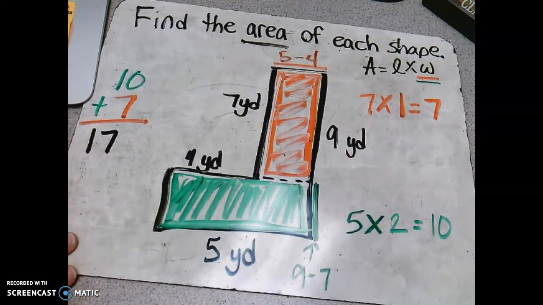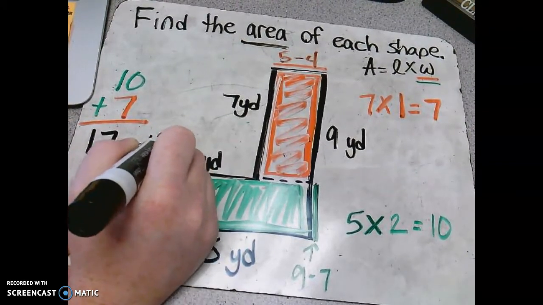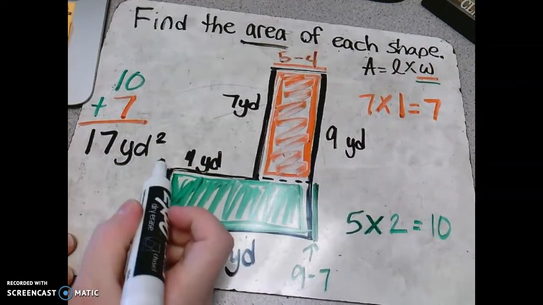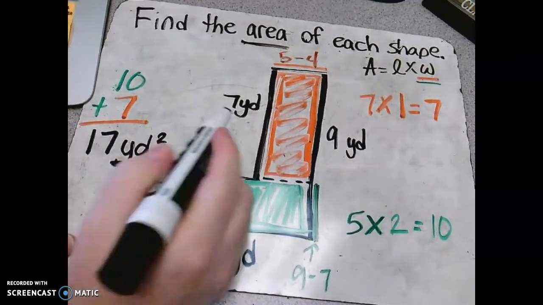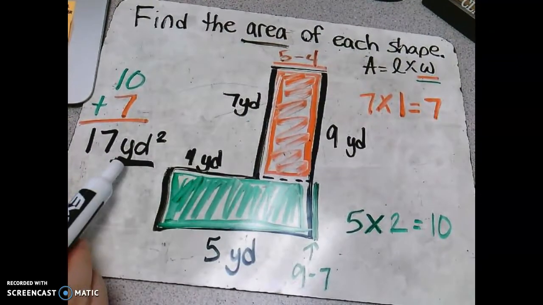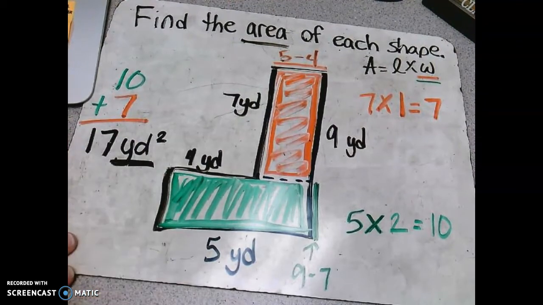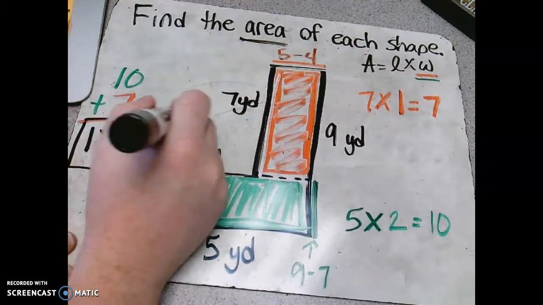So the area of this shape is 17 yards squared because we multiplied. Okay? When you're writing your answer, make sure you use this measurement. Whatever is on the side of your number, that's what needs to be on the side of your answer. So the area of this L shape is 17 yards squared.